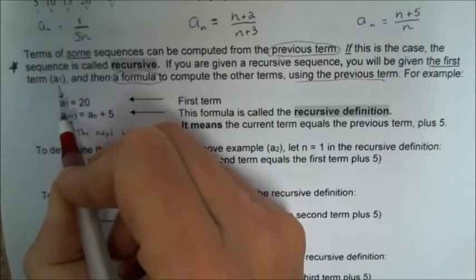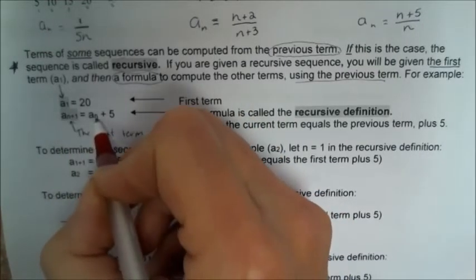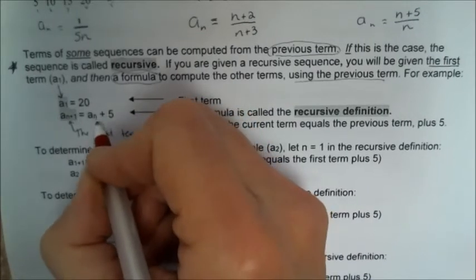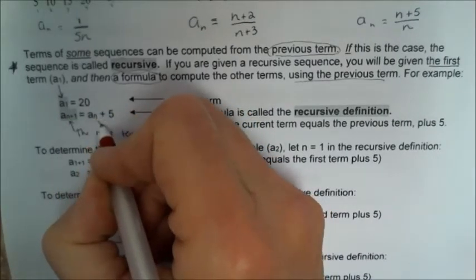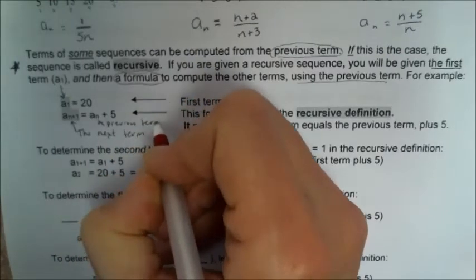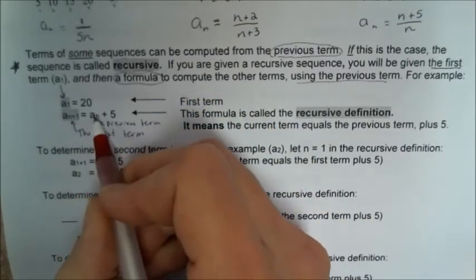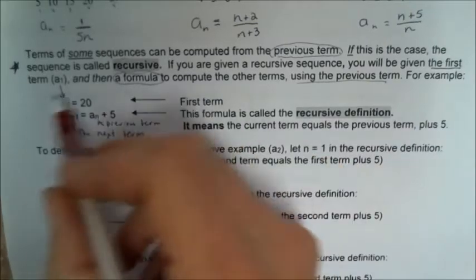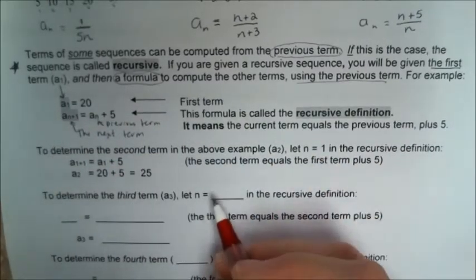So the next term is equal to the previous term plus 5. So this a sub n is that previous term. The next term is the previous term plus 5. So there's a recursive definition.